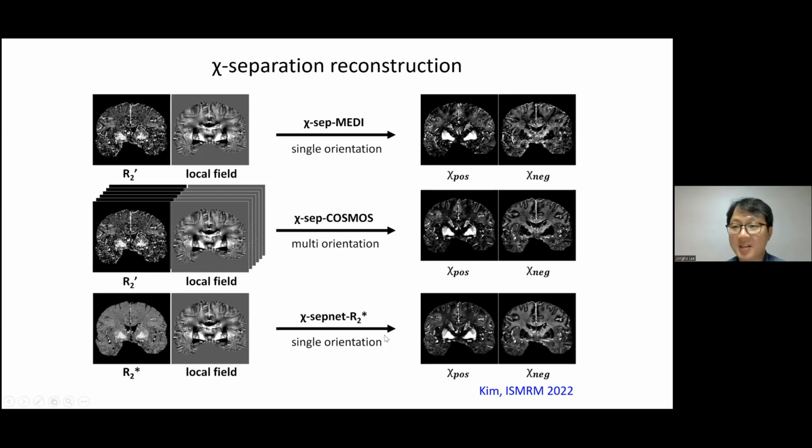So again, it simplifies the data acquisition and the data processing, but you have to understand that there are always some errors in the resulting images, and that's the limitation of deep learning that you can expect from your process.